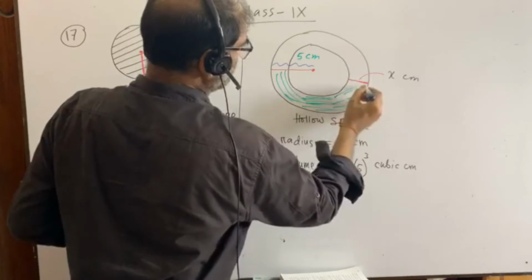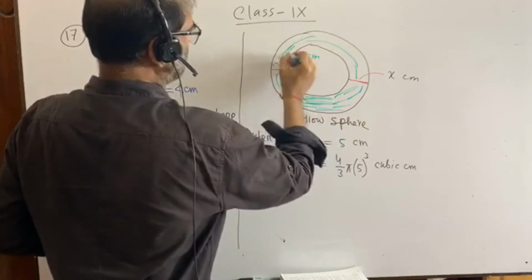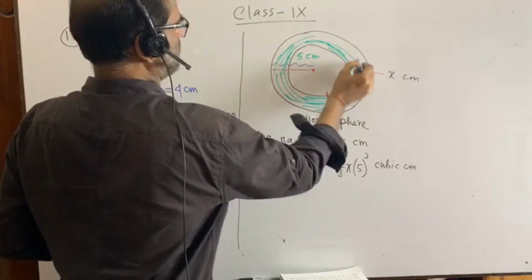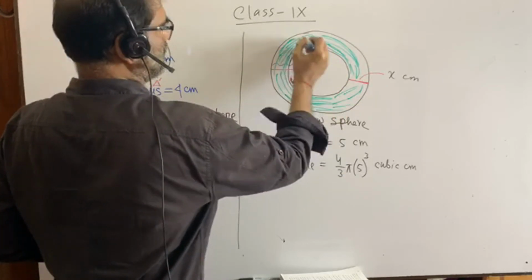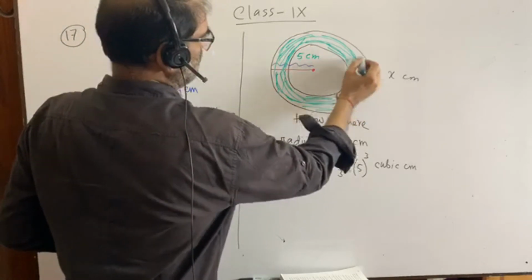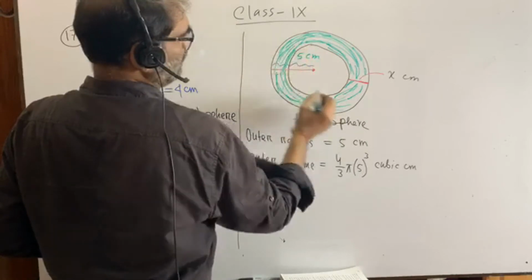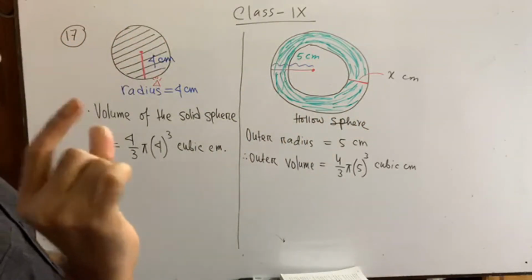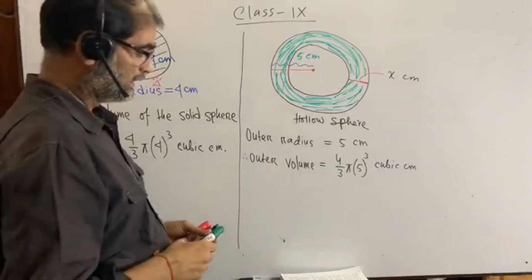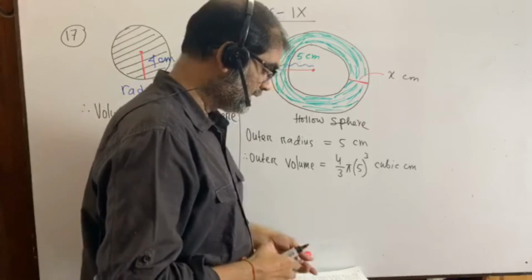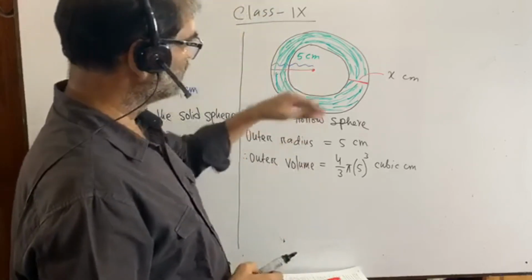Okay, this part is iron. So it has a thickness of iron, right? In this question you have to find the thickness of this sphere.